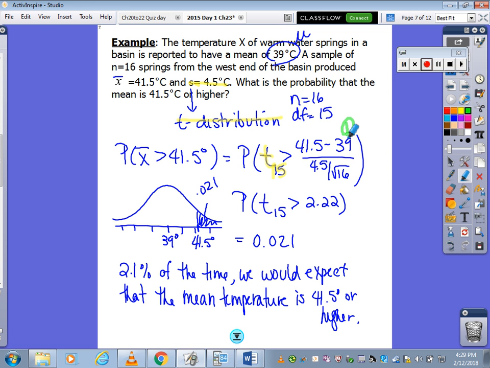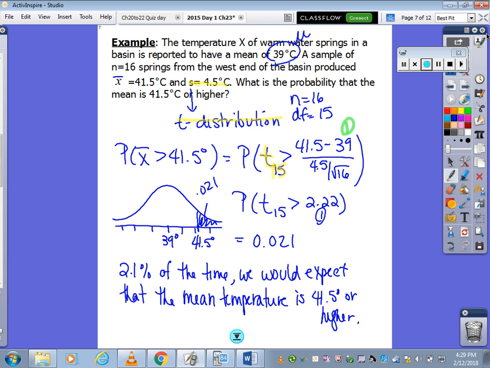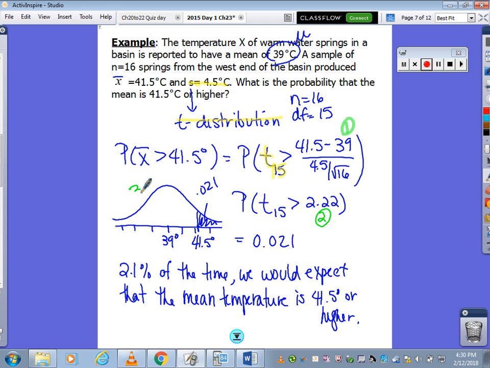Point number 2, we're going to do the calculations. Point number 3, we're going to draw a curve. Point number 4, we're going to find the actual area. And point number 5 is to write the statement. So when you complete 6A, you're looking for these 5 things.